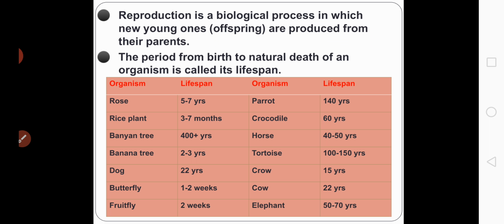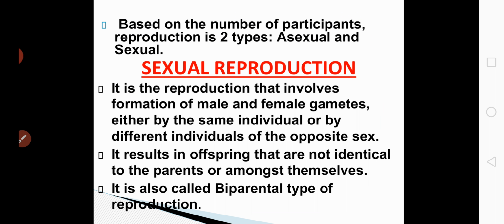So reproduction is the biological process in which new young ones are produced from their parents, whereas lifespan means the period from birth to natural death of an organism. Am I clear? Okay, moving on to the next slide, that is about the types of reproduction.